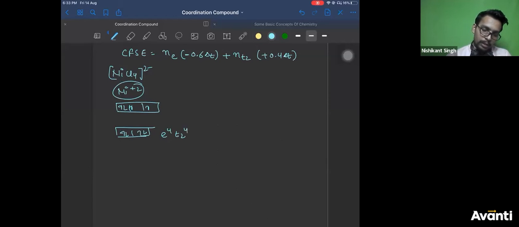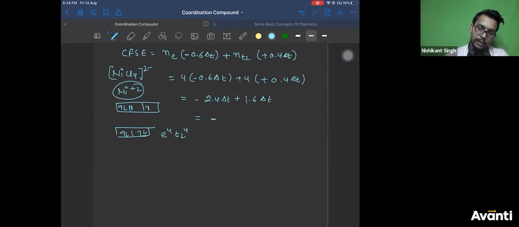So put the value here: 4 into minus 0.6 delta T plus 4 into plus 0.4 delta T. This gives minus 2.4 delta T plus 1.6 delta T, which is minus 0.8 delta T. Okay?